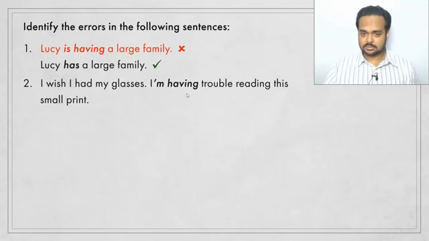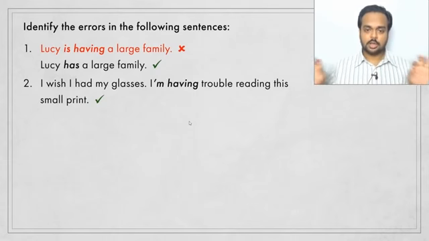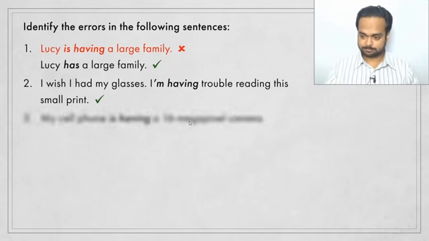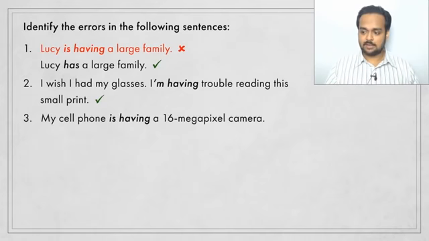And in this sentence, the verb appears to express something happening at this instant. So this is correct. Because we're not expressing a general situation. We're talking about something that's happening right now. So it's okay. Next one, my cell phone is having a 16 megapixel camera. Yay or nay?